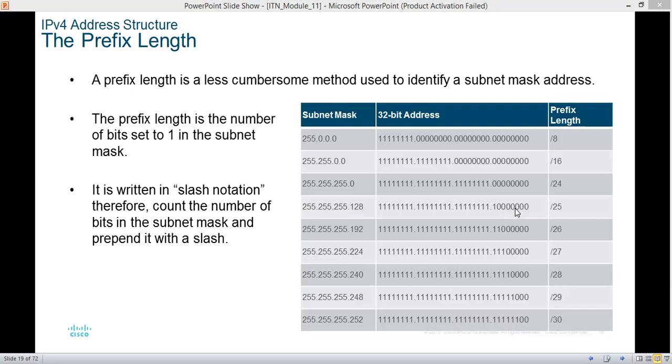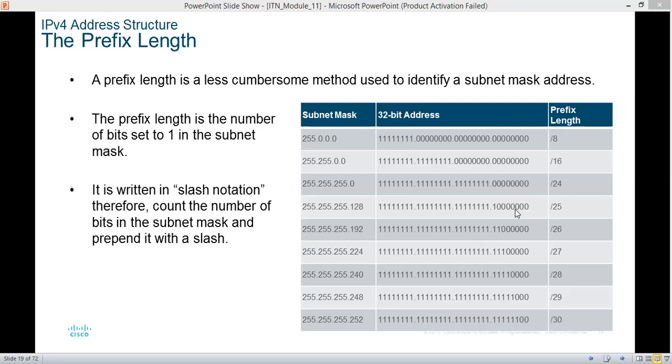We always minus 2 because the first one is for the network address and the last one is for broadcast. So if you look at this very well, all 7 zeros, 2 to the power of 7 is 128, minus 2 is 126. So it's telling you that you have 126 usable IP addresses.